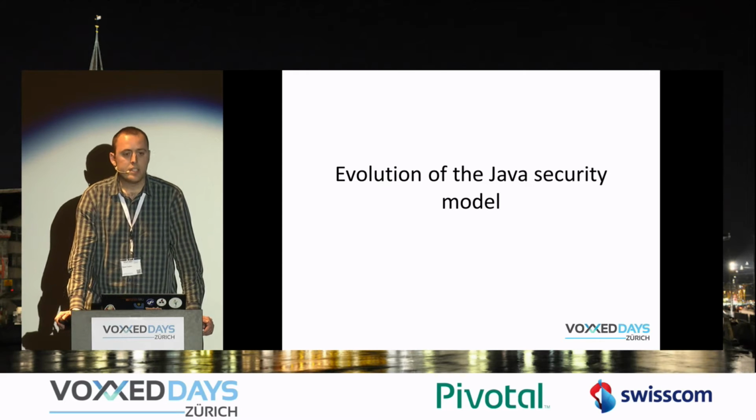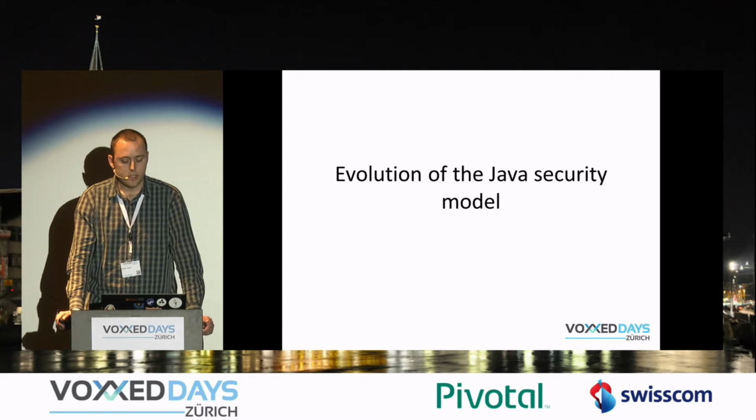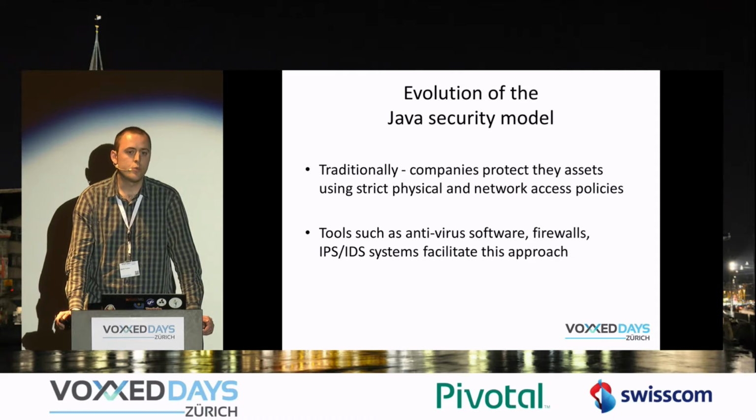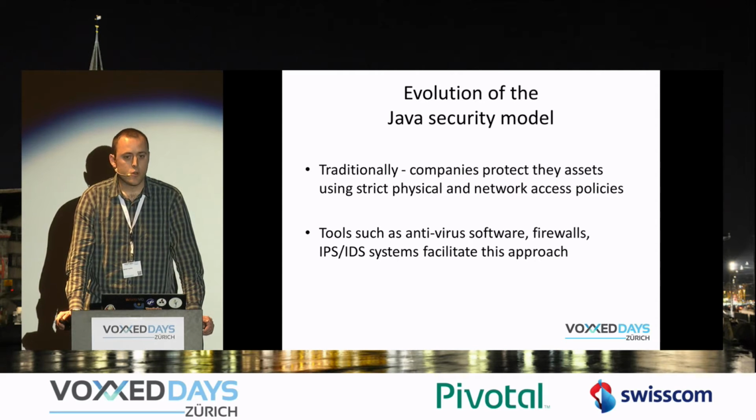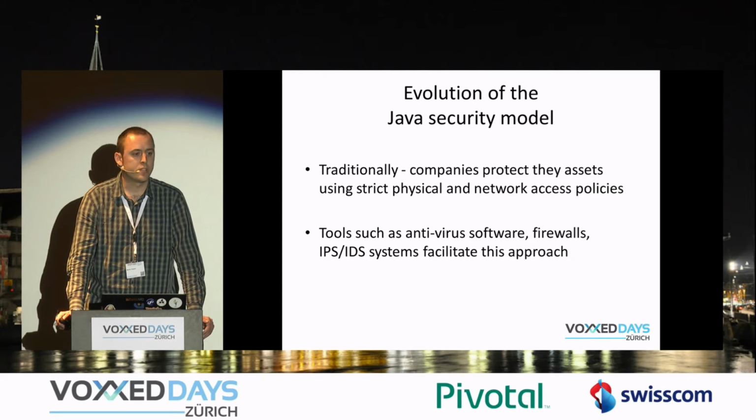So let's start with the evolution of the Java security model. And essentially, why do we need security? As most of you know, many of the companies that are doing any form of development are trying to protect their assets. And by assets, I mean both physical and network assets.